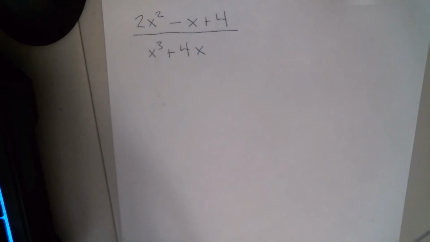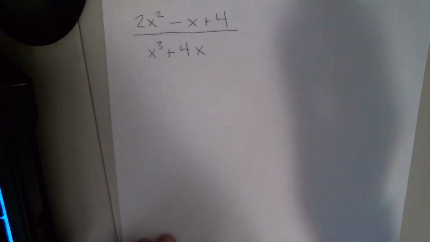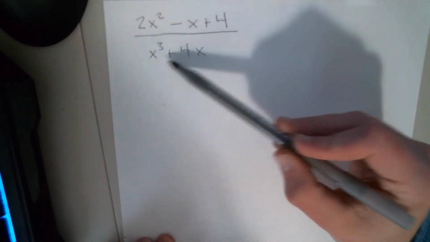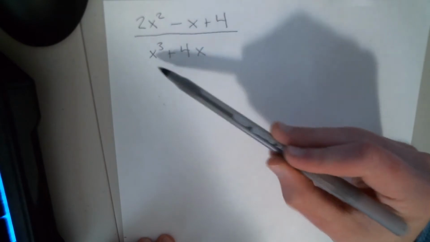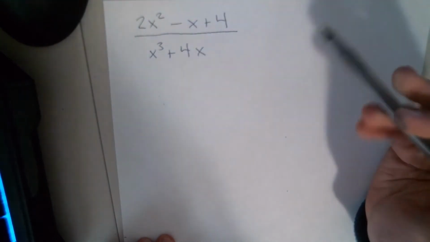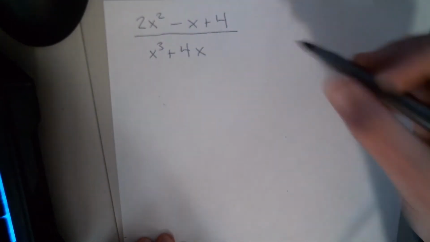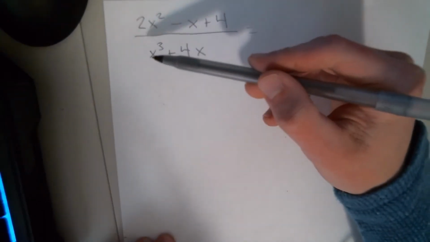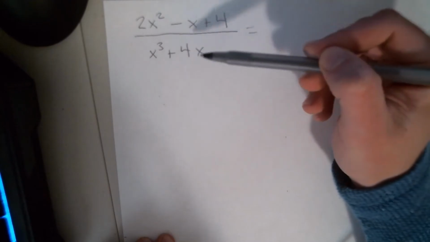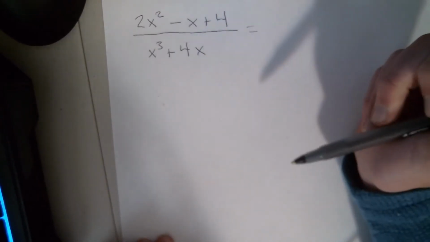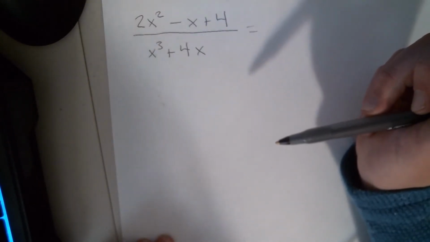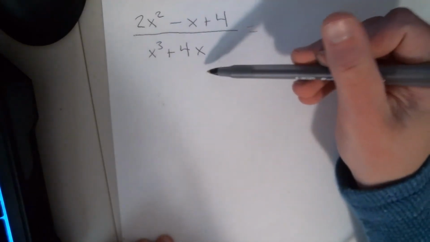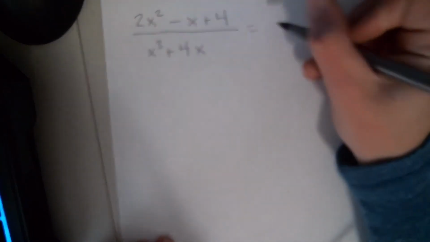My first step in this process is I need to factor the bottom polynomial. I notice in the bottom I have x cubed and 4x. Well, an x can come out of both of those, so let's factor that.